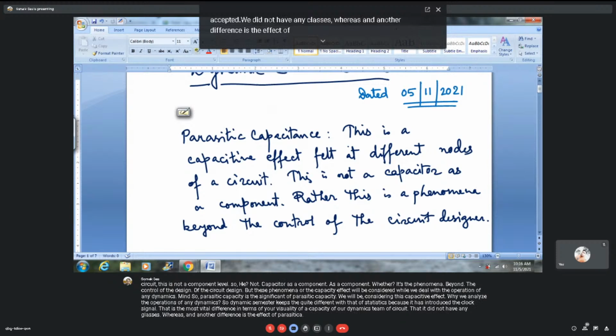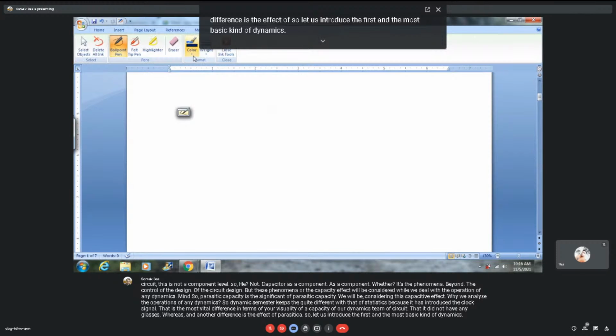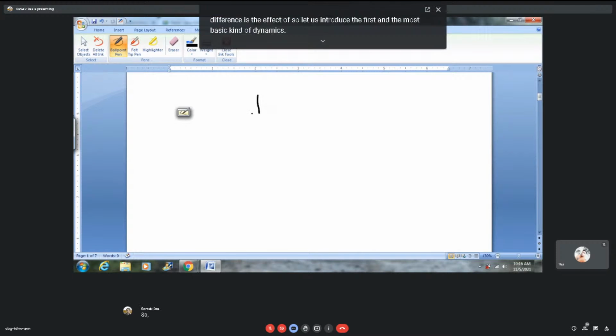So let us introduce the first and the most basic kind of dynamic CMOS circuit. So there is a CMOS transistor at the top, connected to the clock signal.